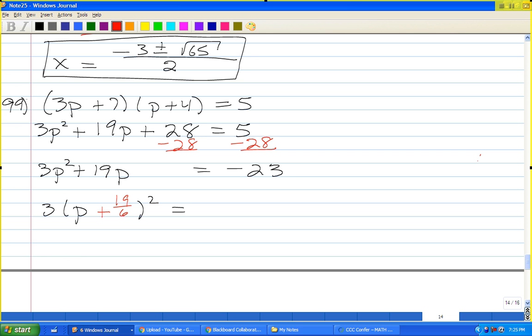And so, let me square that. 19 squared is 361. 6 squared is 36 times 3. 36 divided by 3 is 12.